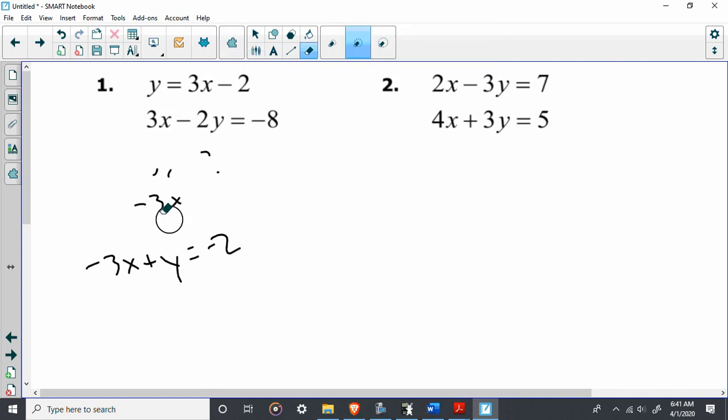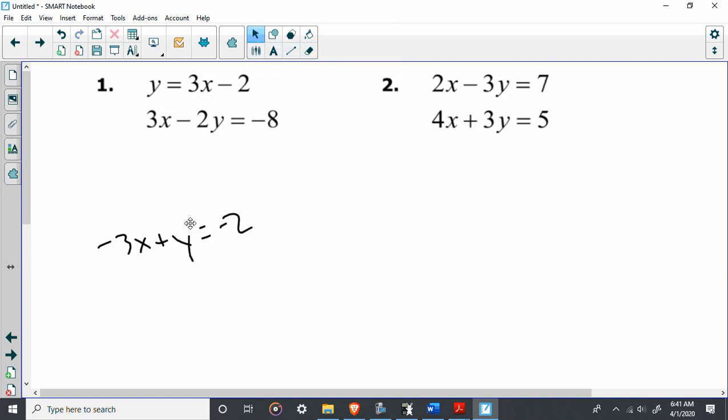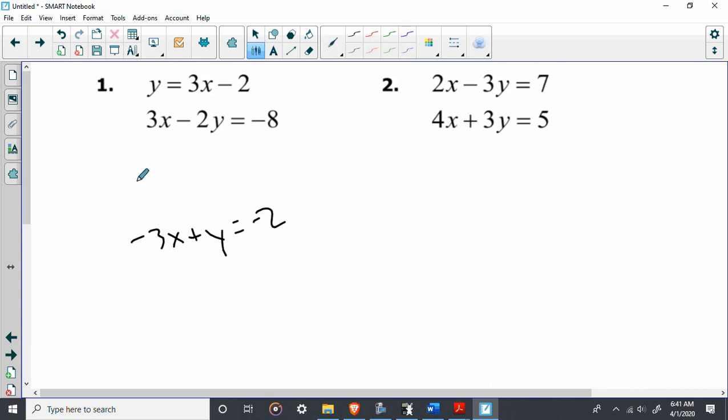And in fact, if we were to stack these up, that actually works out really nicely if I wanted to subtract these two equations. If you were so inclined, what happens when you eliminate? 3x minus 3x, if I just add these together as they are, that's 0.